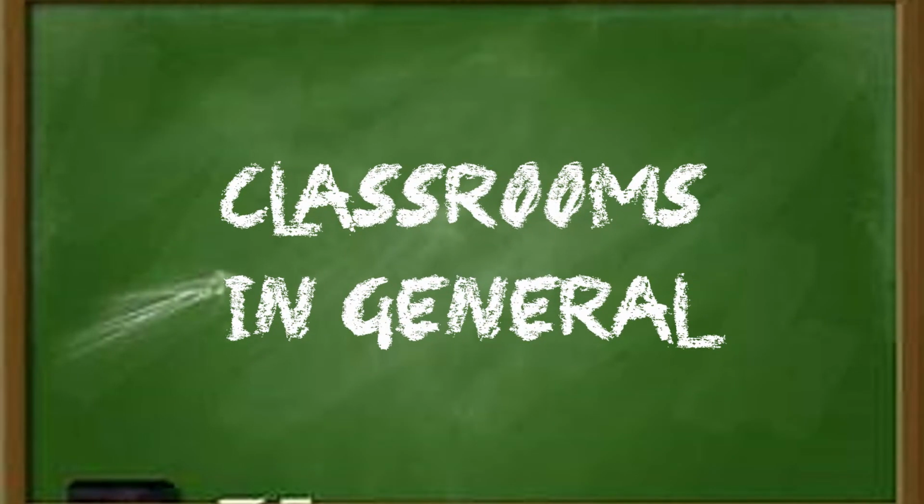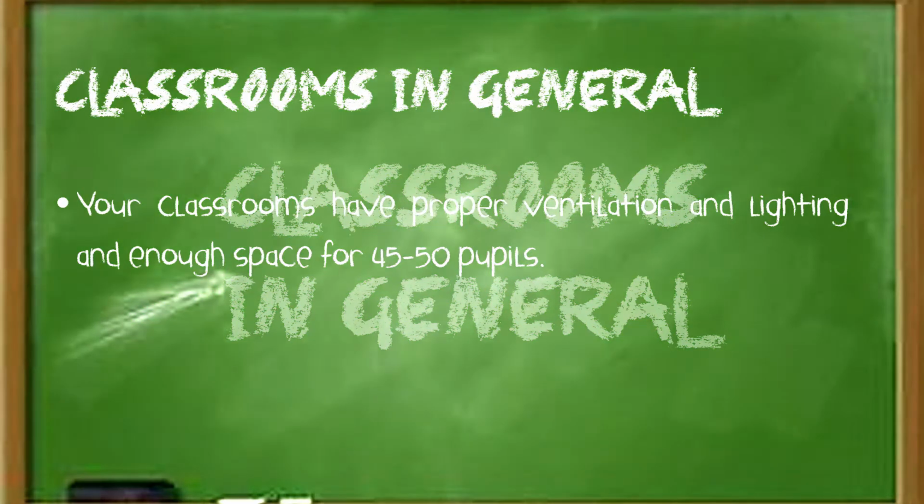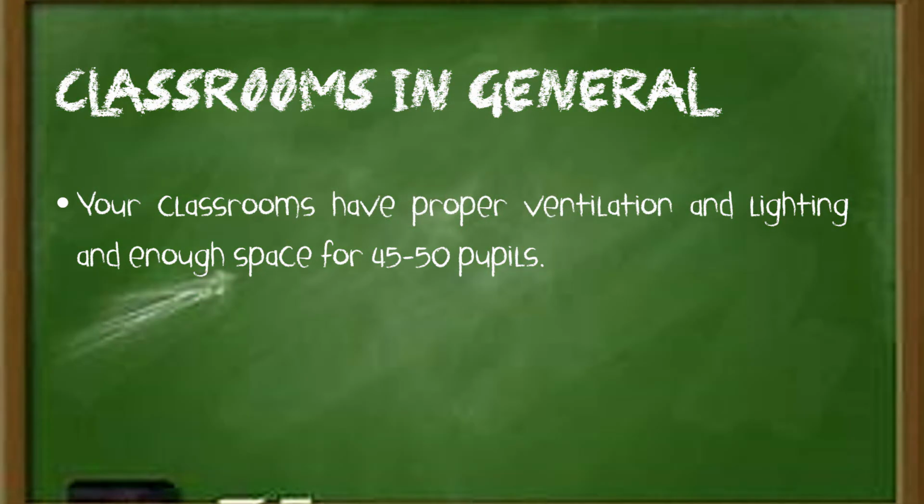Let's start with classrooms in general. Your classrooms have proper ventilation and lighting and enough space for 45 to 50 pupils. A school building shall be properly oriented, that is, properly placed with regard to air currents, natural light, and heat from the sun, utility of the plant and grounds, and most advantageous display.